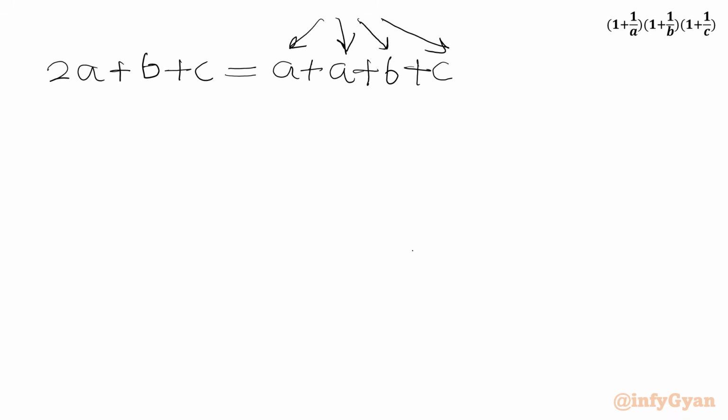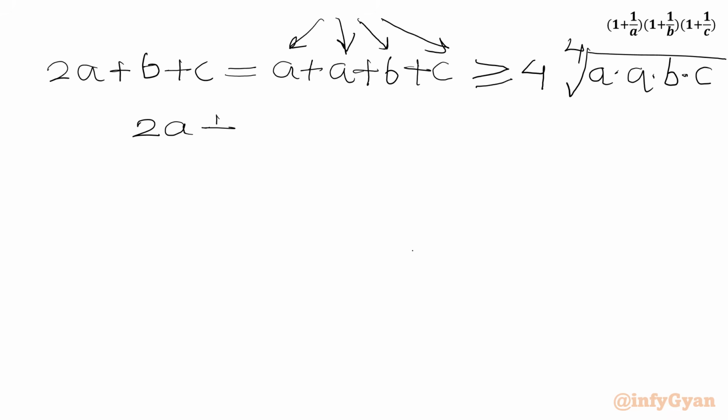If we apply the AM greater than or equal to GM inequality, then we can write this should be greater than or equal to 4 times 4th root of A times B times C. So I can write here 2A plus B plus C greater than or equal to 4 times 4th root of A square BC.